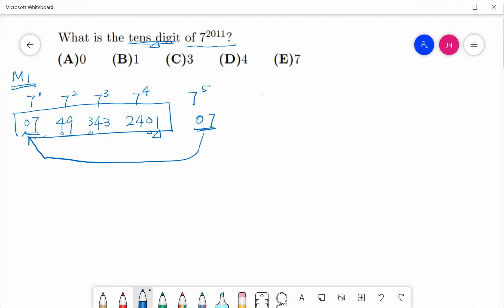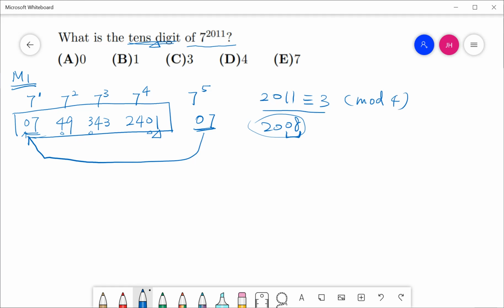So we can write 2011. That is not divisible by 4. But we know 2008 is divisible by 4. So this one would equal 3 when we mod 4.